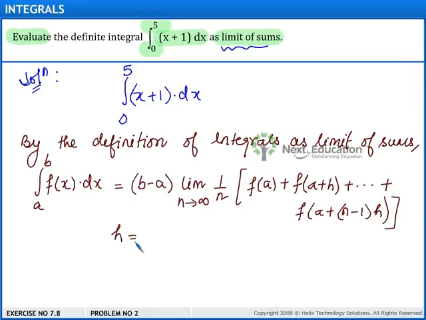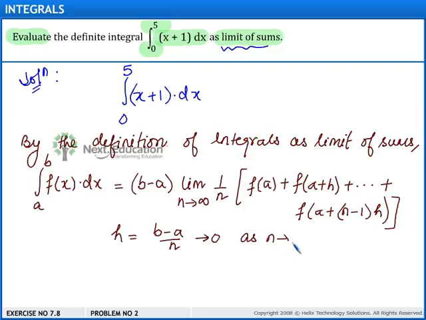And here h is equal to (b minus a) upon n, and this tends to 0 as n tends to infinity.